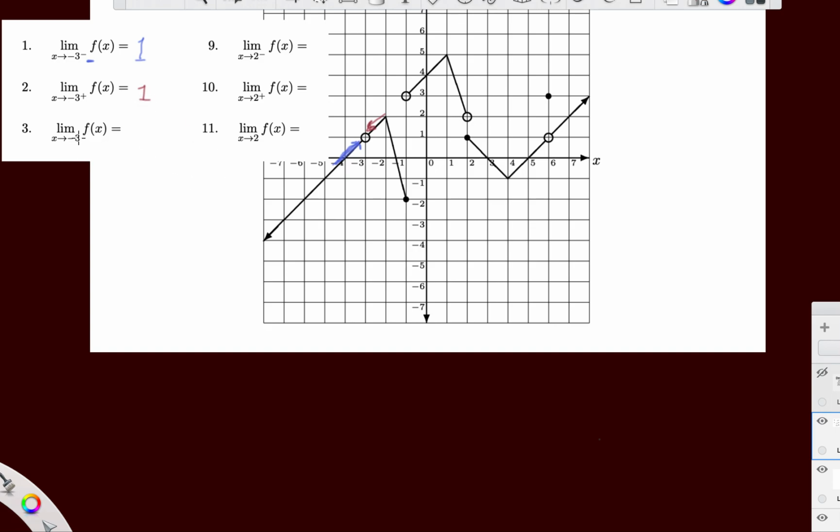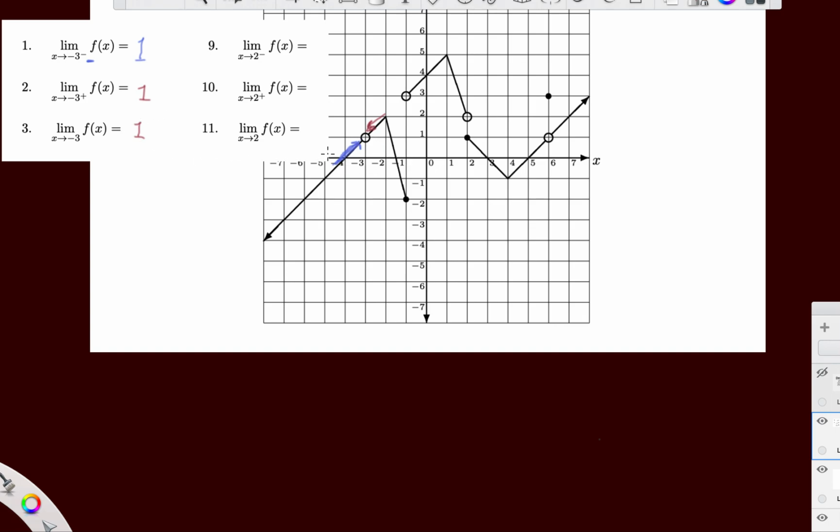And this, if there's nothing to the right of that -3, just means approaching from both sides. So we look from the left and we look from the right, and it looks like we're approaching the same value from both the left and the right side. So if we are indeed approaching the same value from the left and the right, this entire limit does exist, and the limit is 1.